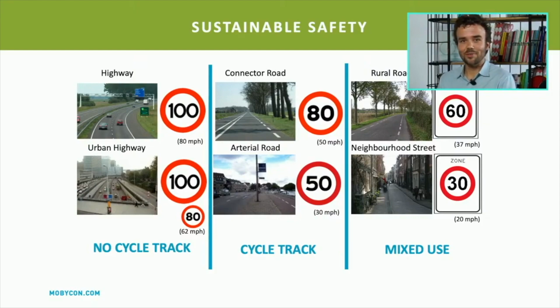Within sustainable safety, there's only a few types of road typologies that we use with an accompanying speed limit that is appropriate for that context. So you have your neighborhood streets with a 30 km/h speed limit, you have your arterial streets with a 50 km/h speed limit, and then faster and faster outside the urban area as well.